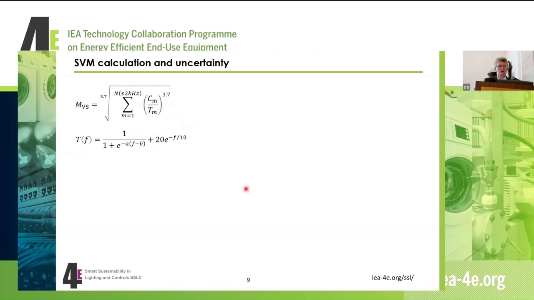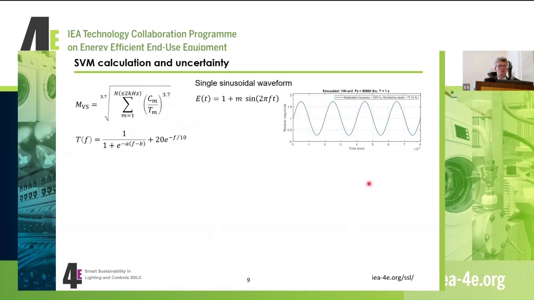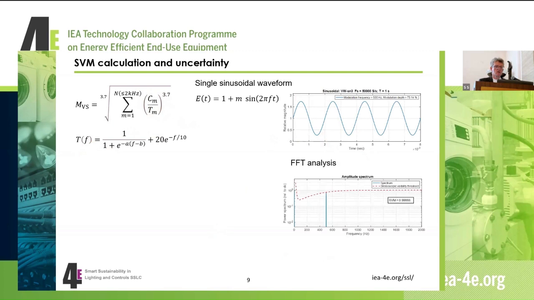We can make this a lot easier to look at if we just have a pure sine wave like we had with the incandescent light sources. In this case, the frequency spectrum is only 1 peak, and you can see this dashed red line is the threshold sensitivity function for the stroboscopic effect.